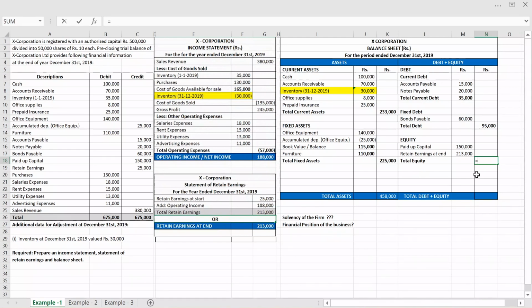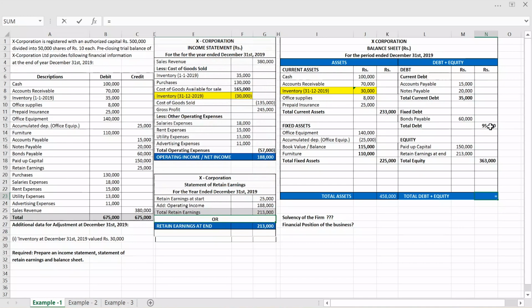So in this way we may add paid up capital and the amount of retained earnings at end. In this way we also have calculated the right hand side of the accounting equation, that is the equity amount. Now let's make the total of the right hand side of the accounting equation, that is debt plus equity.